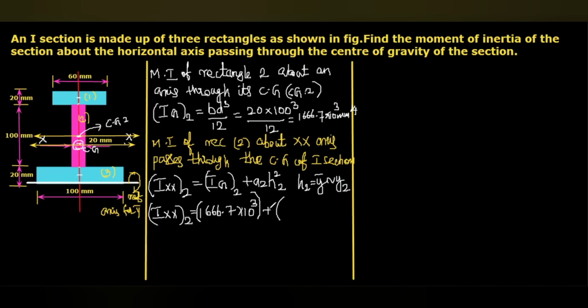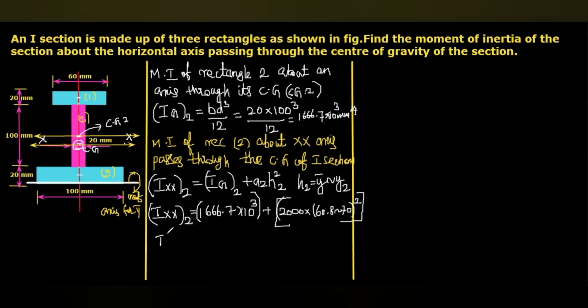We got the value of A2, that is 2000, multiplied with this H2, Y bar minus Y2, Y bar 60.8, minus Y2, that is 70, the whole square.